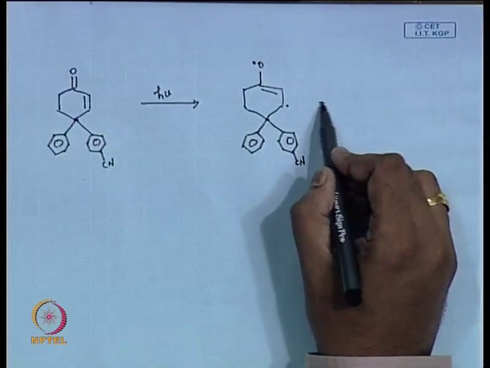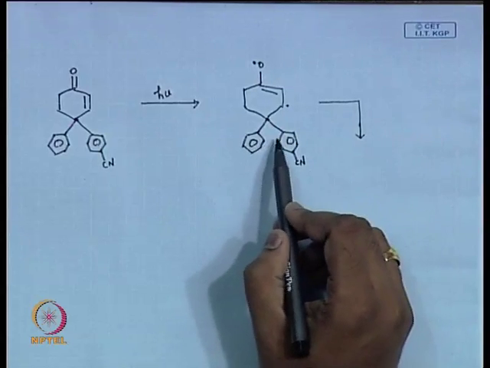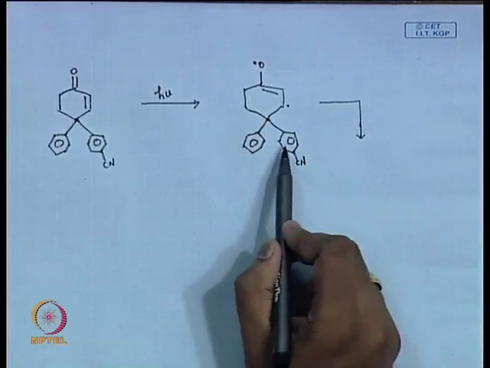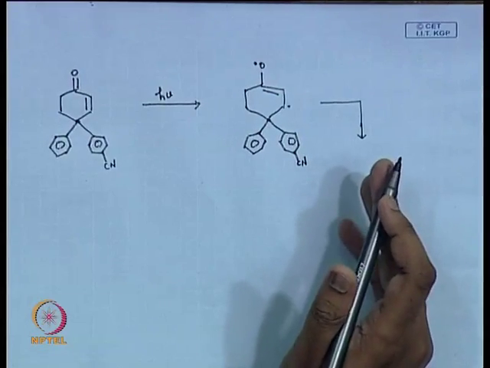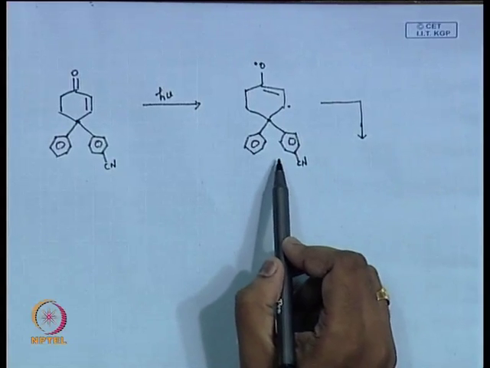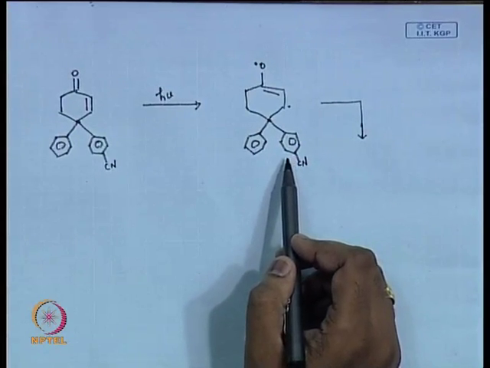Now, what do you think? In the previous case, since it was two phenyls, you were happy to move one of them. Now these are two different phenyls. Because it is radical chemistry, you have to think which phenyl moves. One has an electron withdrawing substituent.